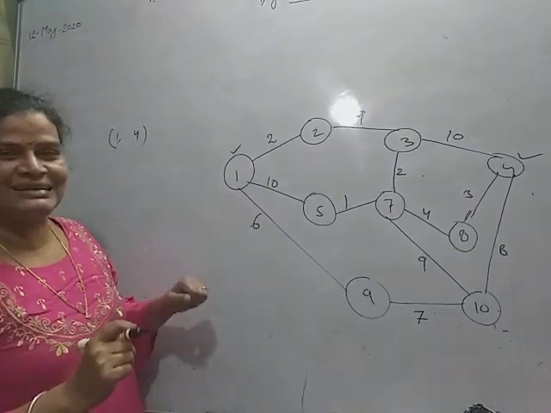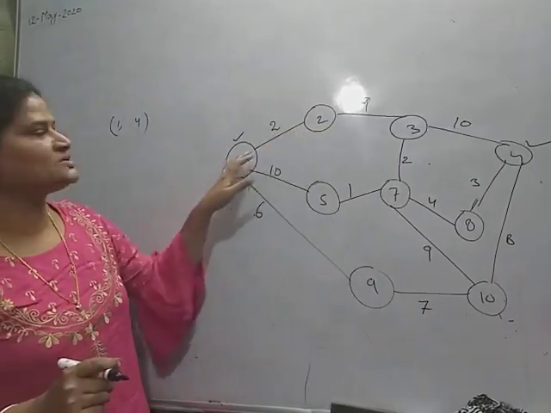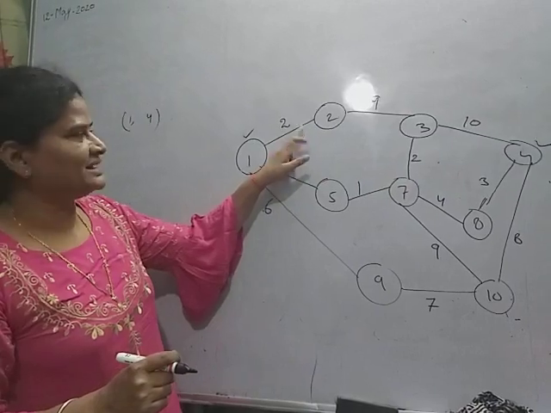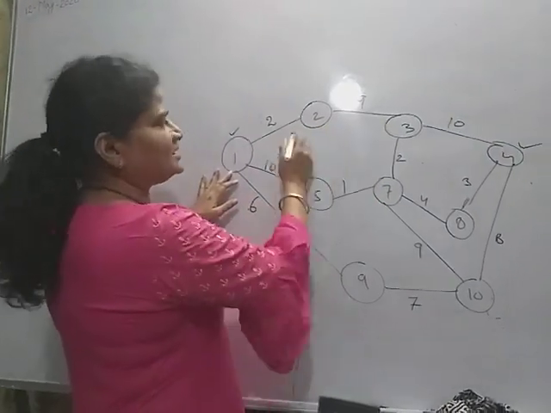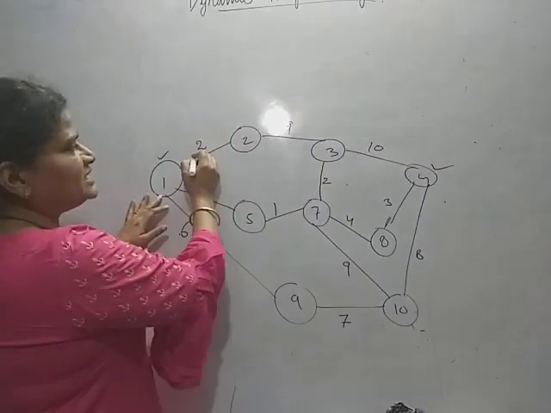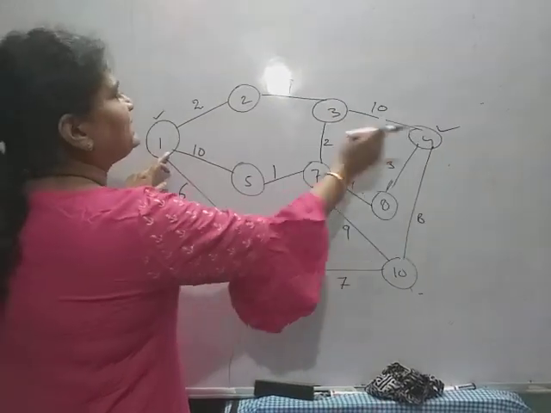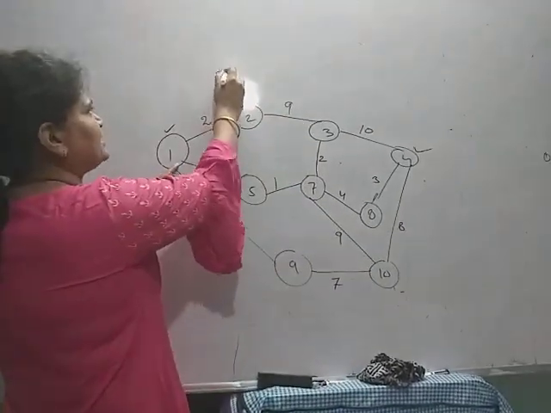What the greedy technique tells us is that at a particular vertex, the next nearest vertex is to be selected. So simply here 2 will be selected. Now again 3 will be selected, and if we consider this path, the cost of this path is 21.